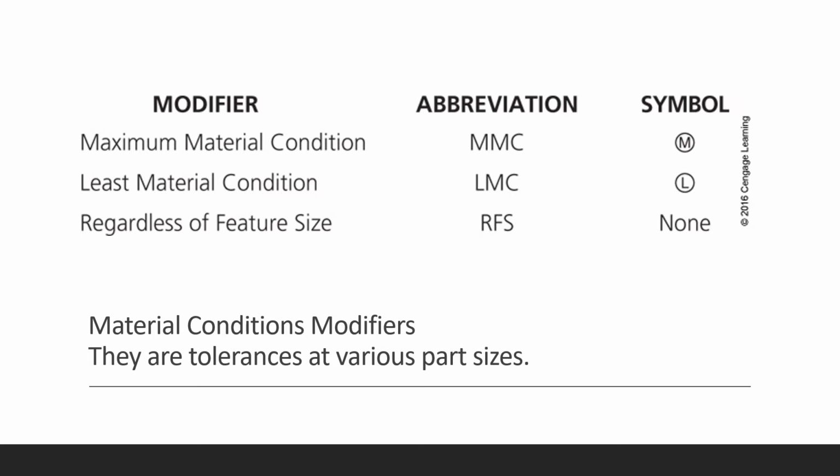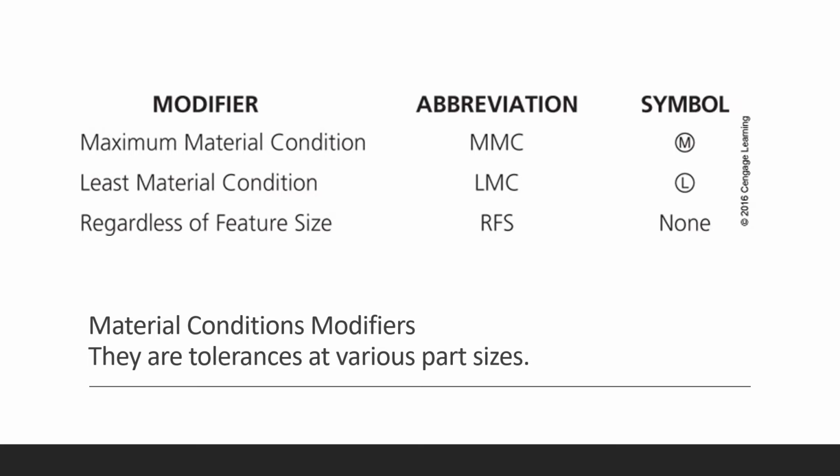So if you see that, you know that's the maximum material condition, and your symbol is M. Then you have your least material condition, LMC. Your symbol is L, right? And you have RFS, that's your regardless of feature size. It doesn't matter what the feature size is, and we're going to modify according to whatever it's saying. RFS doesn't come with a symbol.